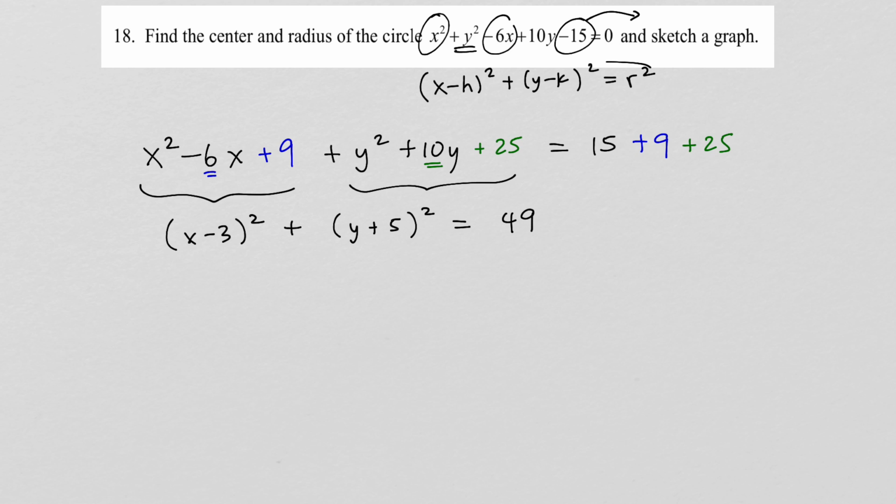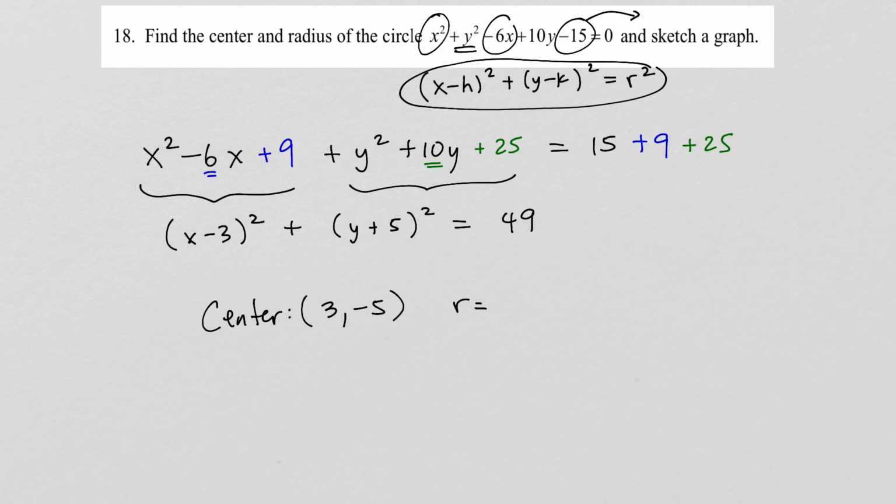So now it's exactly in this format, and so the center of this circle is going to be (3, -5), and the radius, well, the radius is not 49, it's the square root of 49, which is 7. Remember, 49 can be written as 7 squared, and r is the number that's being squared there.